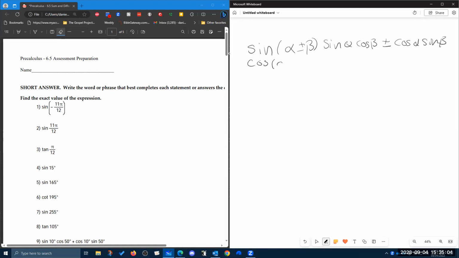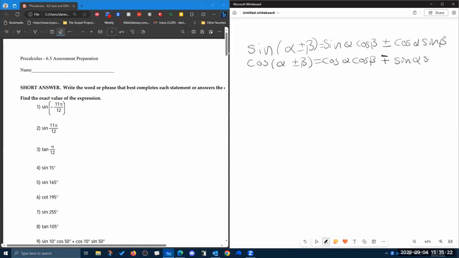So cosine of alpha plus or minus beta is cosine alpha cosine beta, minus or plus sine alpha sine beta. So that means that if it was plus, this is minus in the formula. If this was minus, this is plus in the formula.